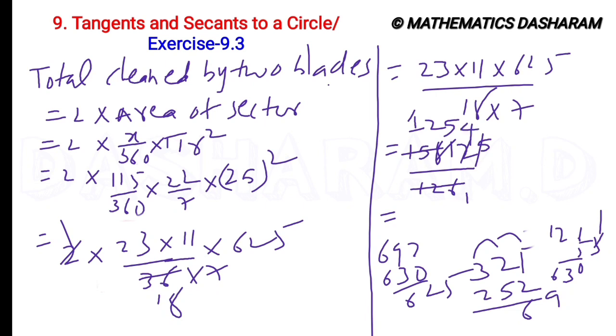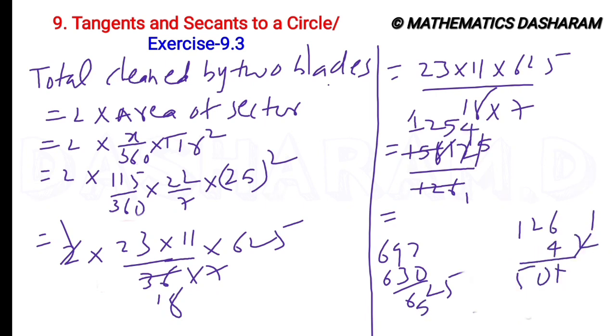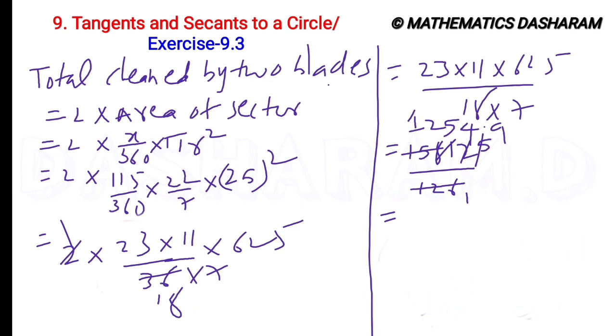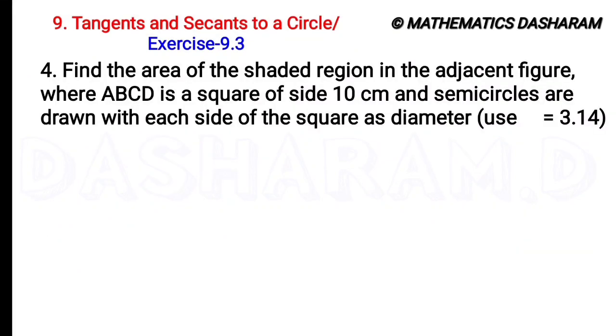So 4 times 126 is 504, and the remainder is 121. So take the point. Next digit 0. So 126 9s are, so correct to 1 decimal place. The final answer is 1254.9 centimeter square.